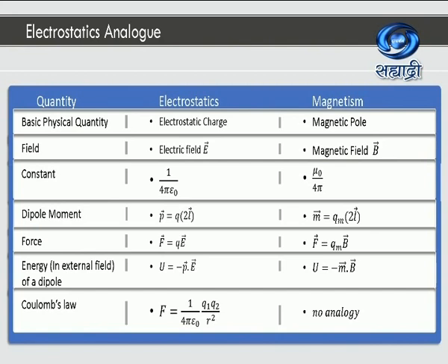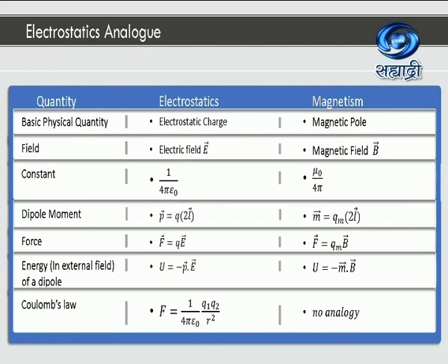As far as basic physical quantity of chapter electrostatic is concerned, we have used it as electrostatic charge, Q. In magnetism, we are going to use it as magnetic pole. Field. In electrostatics, it is electric field, a vector quantity, it is denoted by vector E.